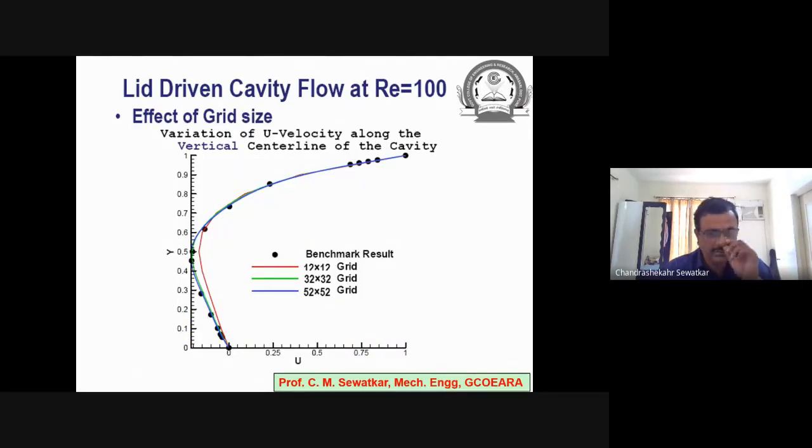Here I'm sharing with you the results for the variation of u velocity along the vertical center line of the cavity.